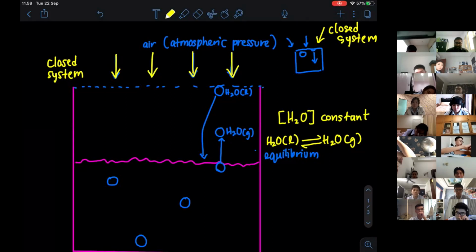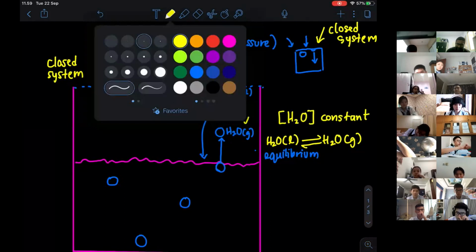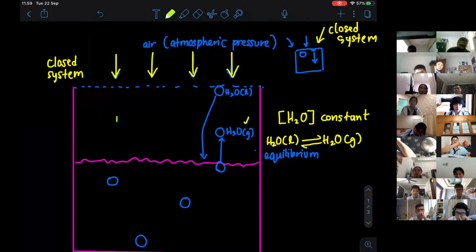The moment this gas is going out, imagine I'm using another pen over here, they are going against the atmospheric pressure. Let's say this is water in the form of gas.